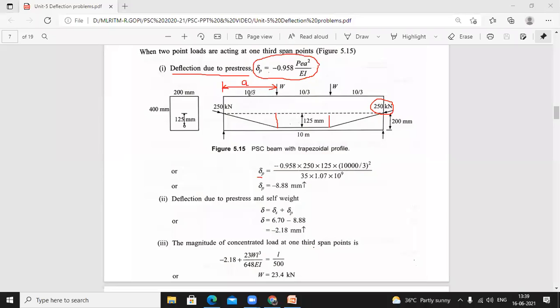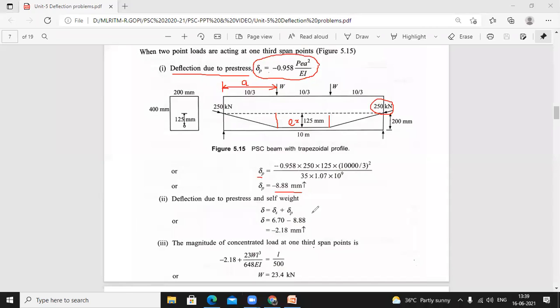A square is 10 by 3, so 10 we have to substitute in terms of mm: 10,000 divided by 3, the whole square, divided by EI. E is 35 and I is 1.07 into 10 power 9. Therefore it is minus 8.88 mm.